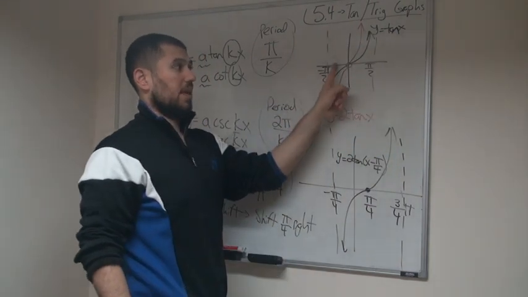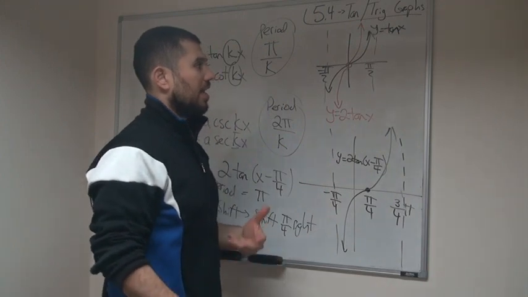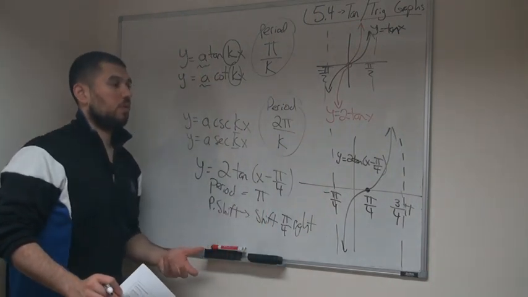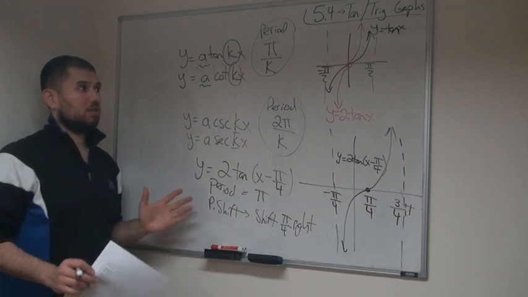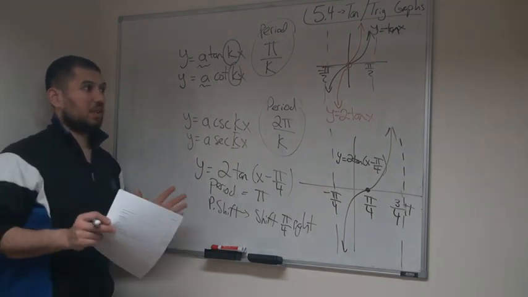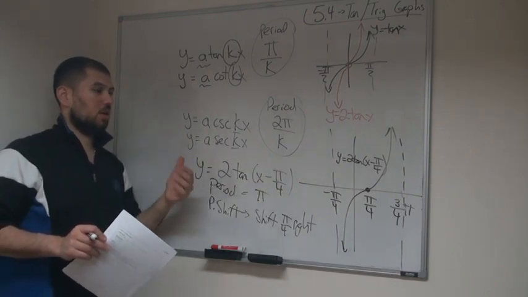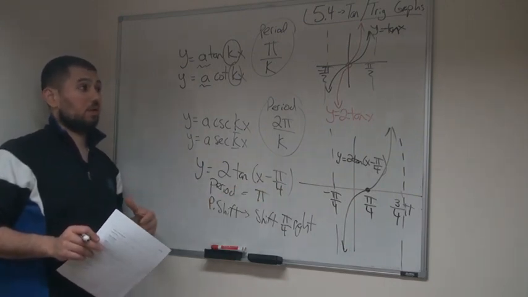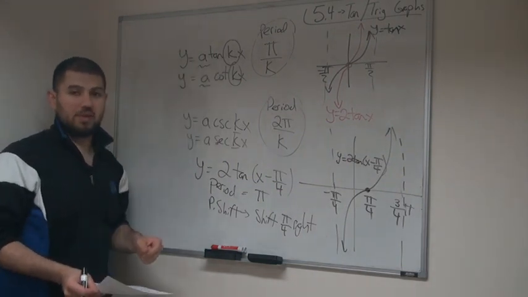I would have gone from negative pi over 4 to pi over 4. So again, it's very similar to what we did in 5.3. Changing the period will change the cycle length. Changing the phase shift will push our graph over to the left or to the right. Changing the amplitude will have the ability to stretch the graph out.